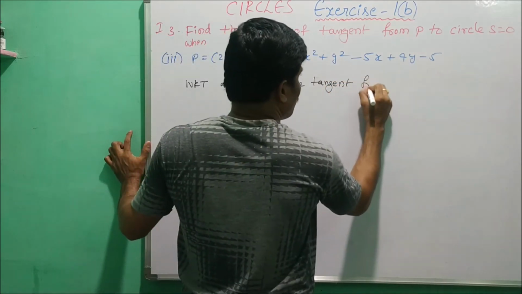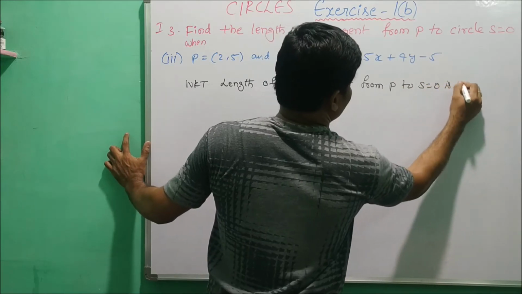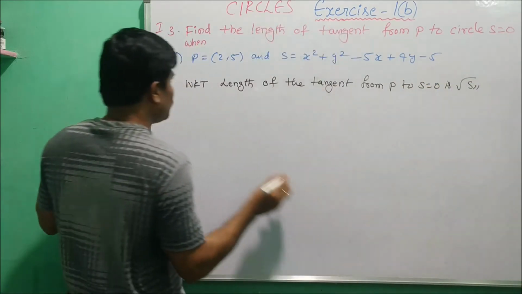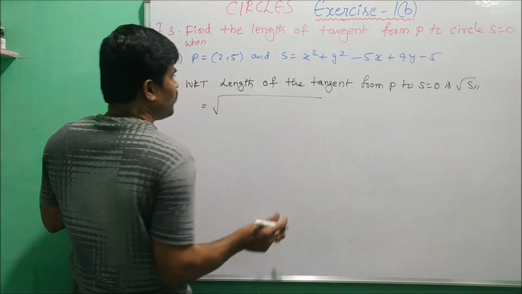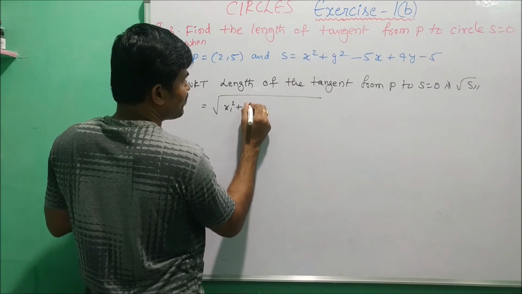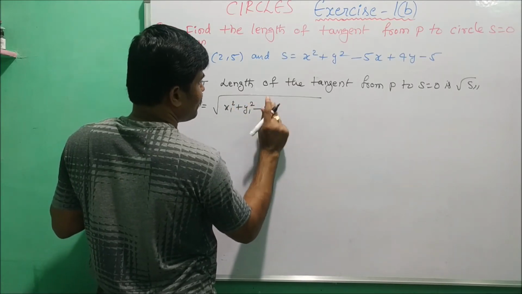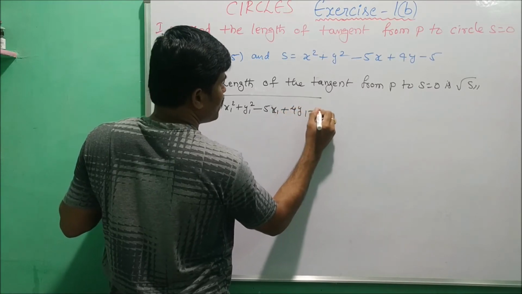The length of the tangent from the point P to the circle S equals 0 is square root of S11. Here we take the square root of x1 square plus y1 square minus 5x1 plus 4y1 minus 5.